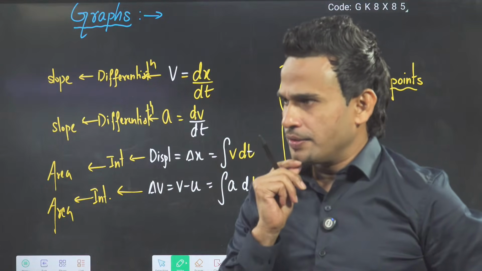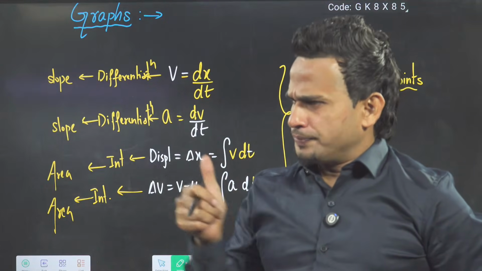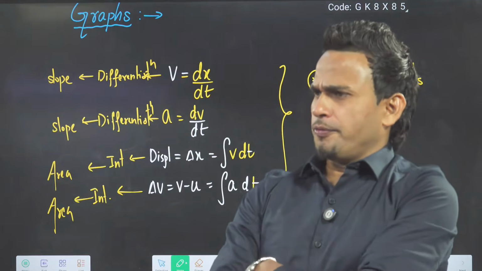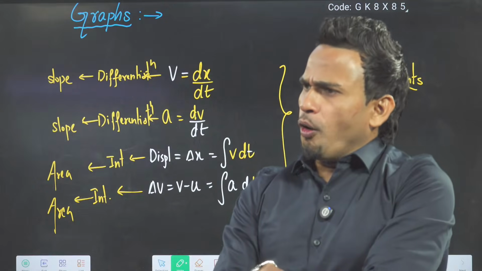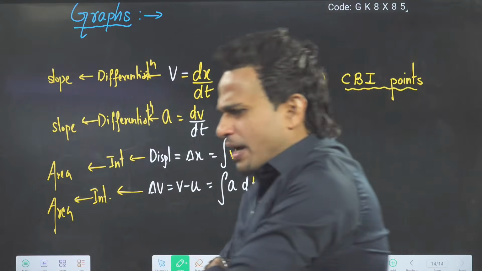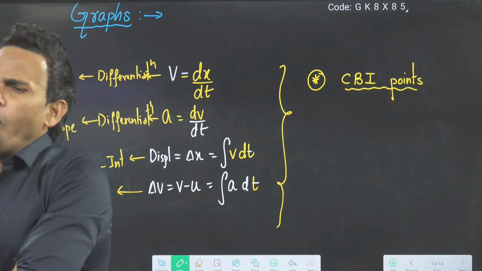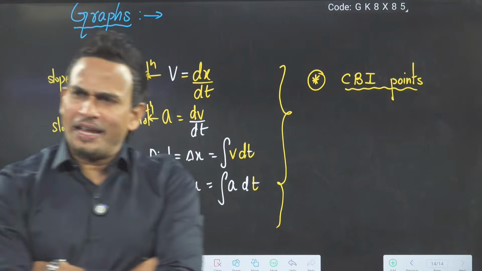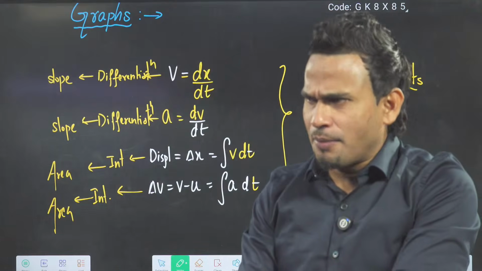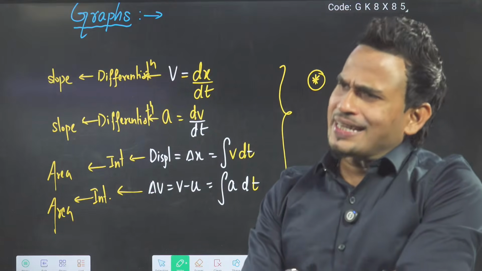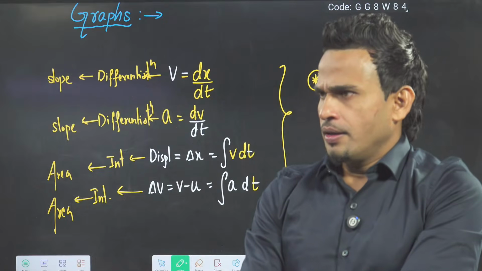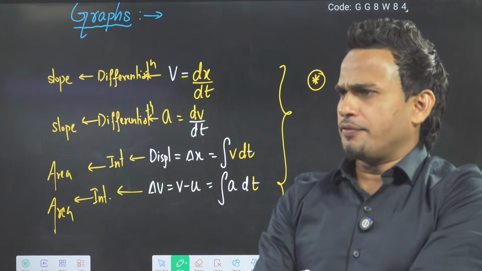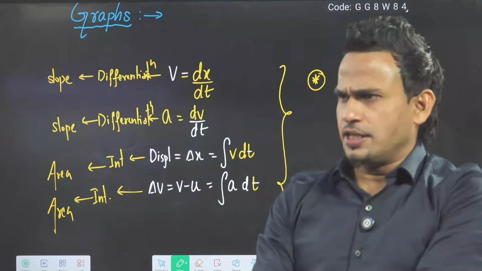You can write first point. Slope of displacement time graph or position time graph represents velocity.